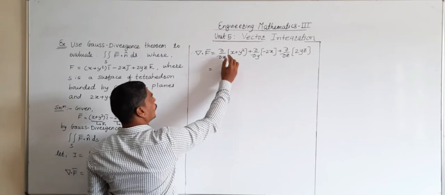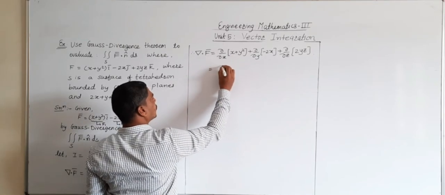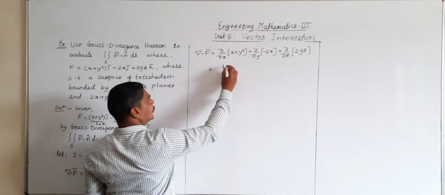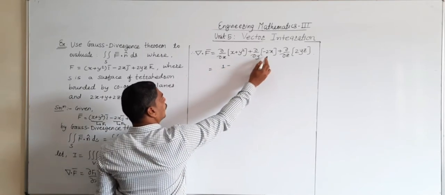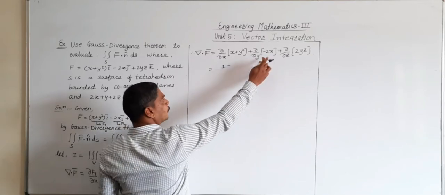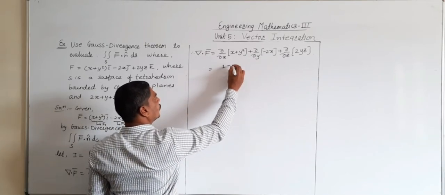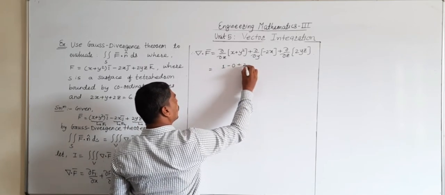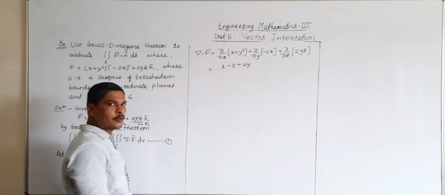So we get the partial derivative with respect to x of xy plus y square is y, because here y is constant. Then the derivative of minus 2x with respect to y is 0, because the function does not contain y. Then plus the derivative of 2yz with respect to z: 2y is constant, and the derivative of z with respect to z is 1.